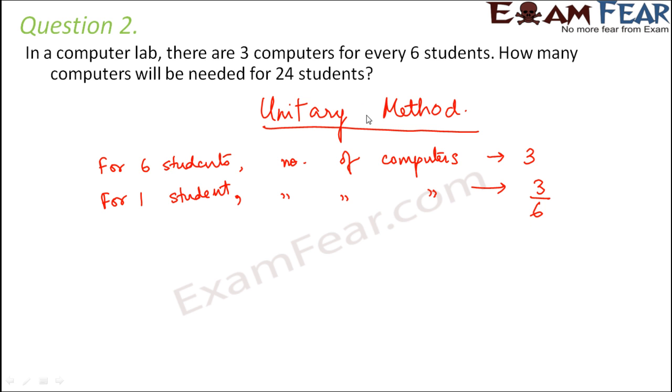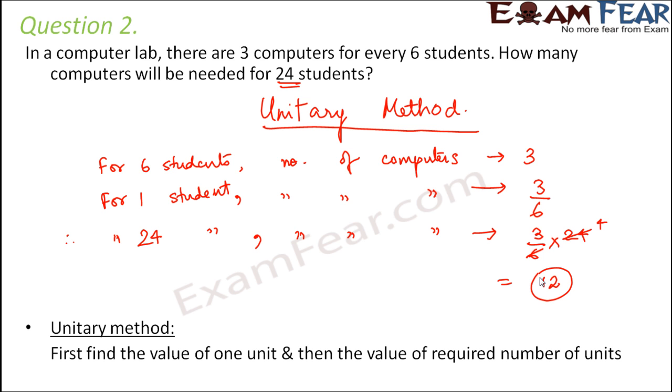Now the question asks for 24 students. Therefore, for 24 students, the number of computers would be, for one student it is 3 by 6, so for 24 it would be 3 by 6 into 24. 6 4s are 24 and 4 3s are 12. So basically 12 computers are needed for 24 students. Now, what is this unitary method?